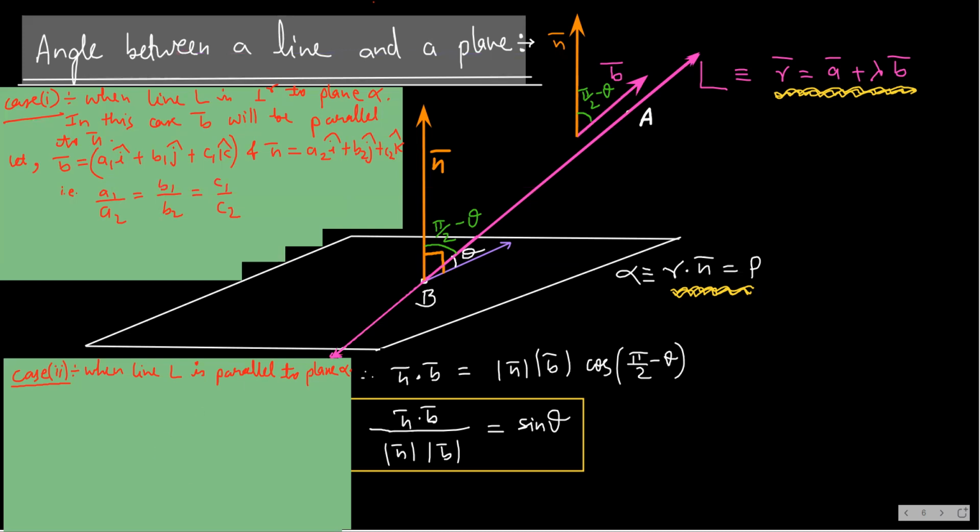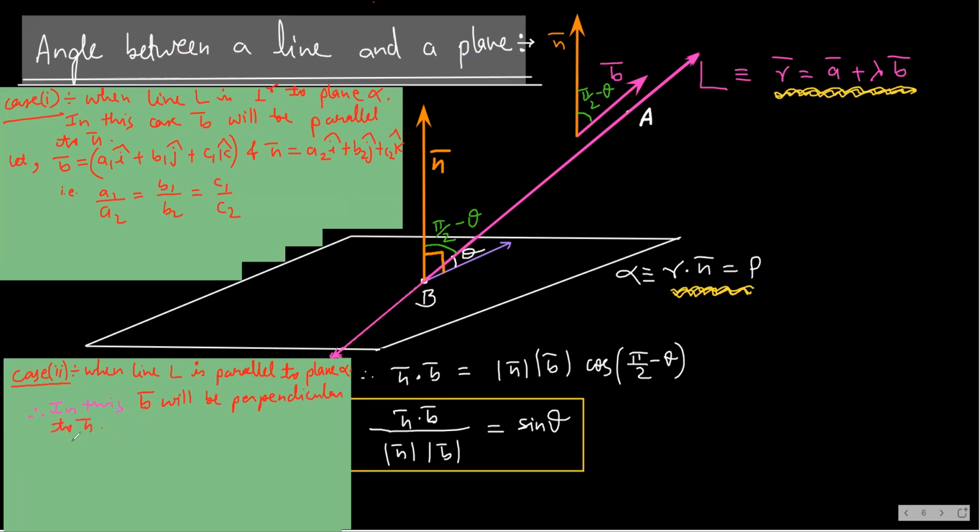Therefore, B bar and N bar are perpendicular. I will write in this case, B bar will be perpendicular to N bar.